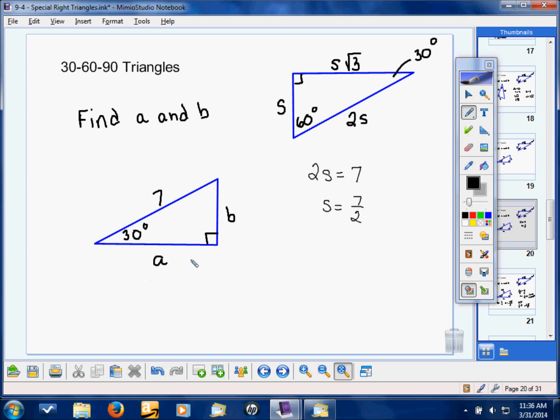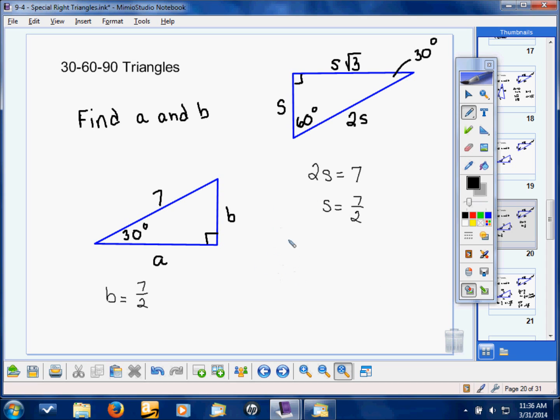So since S is 7 halves, Duran, which one is that? It's B. Good. The one across from the 30. So we found B already. B is 7 halves. Okay, so even if it's a mixed number, that's good and as it should be.